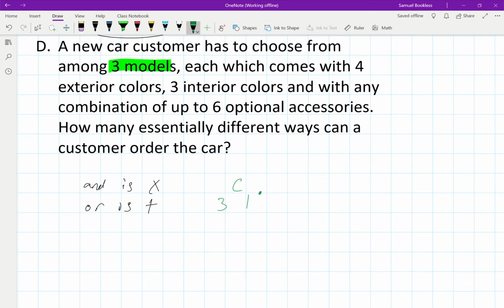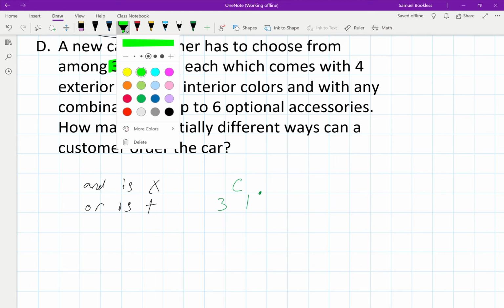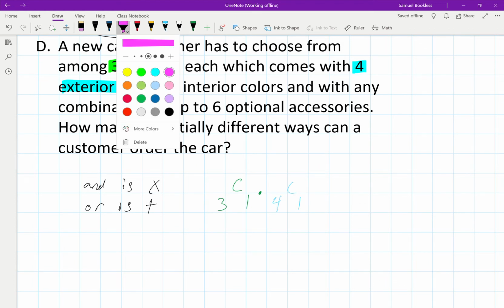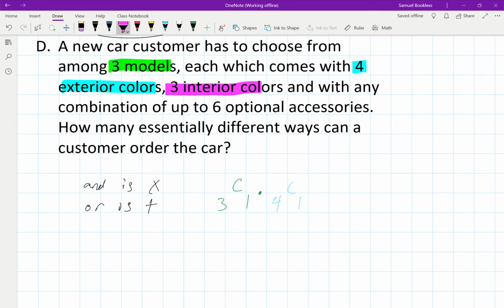And I have 4 different options for car color, and I am going to choose one of them. And 3 interior colors, and I am going to choose one of them.